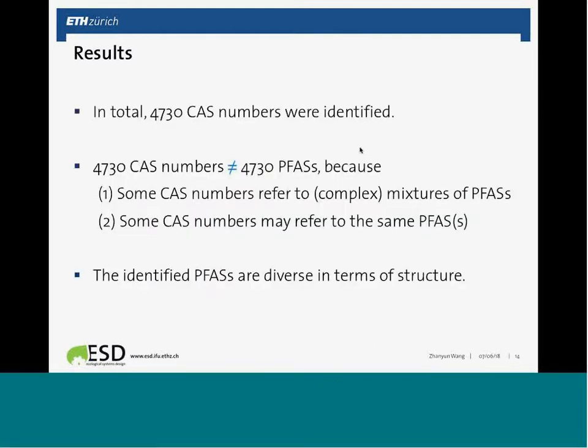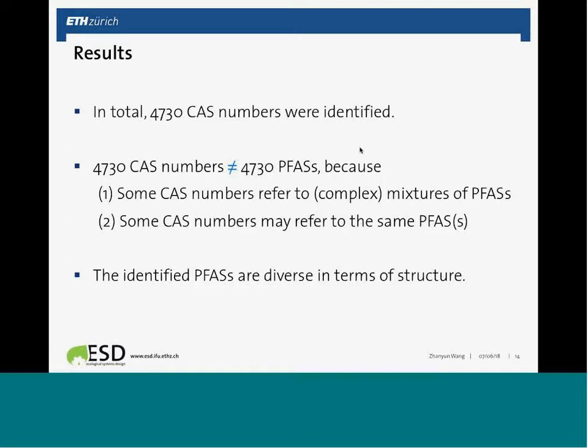So here are also some major findings. In total, we have identified 4,730 CAS numbers. But I would like to point out that these 4,730 CAS numbers do not mean that these are 4,730 PFASs.